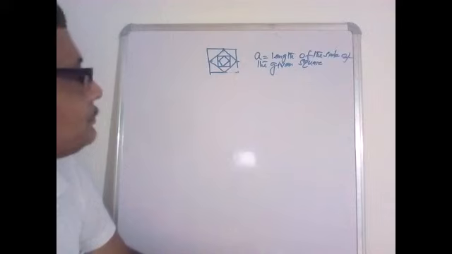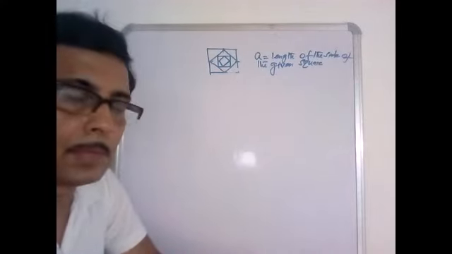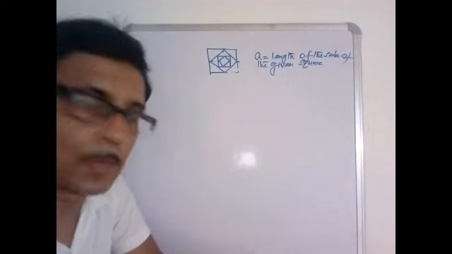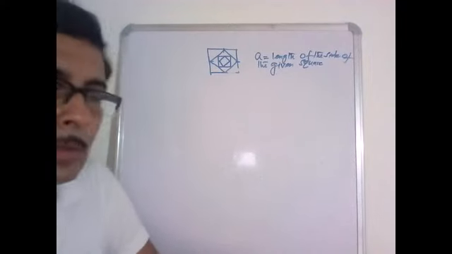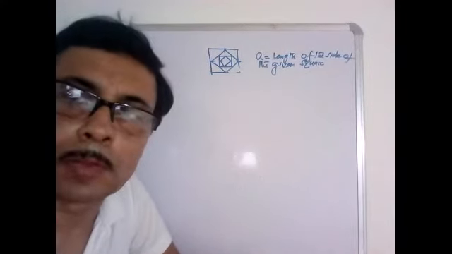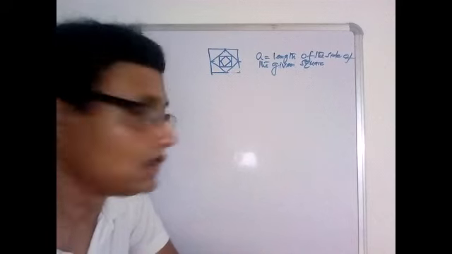Now, we have already known the relation between the length of the diagonal and the length of the side of a square. The relation is that the length of the diagonal is equal to √2 times the length of the side of the square.